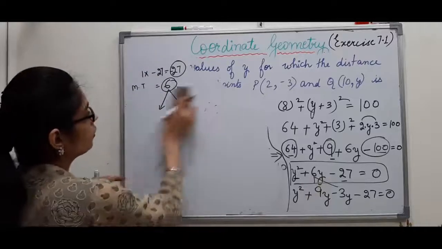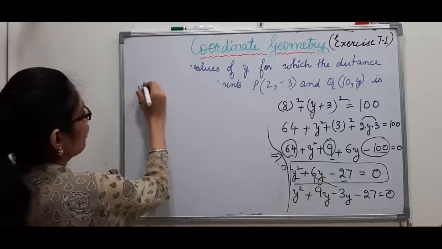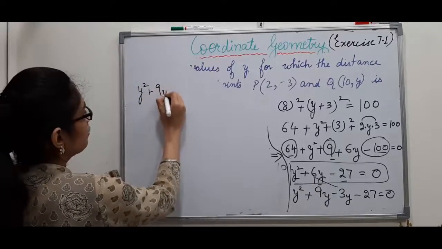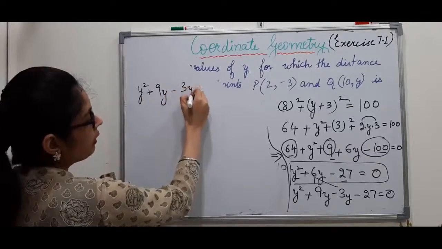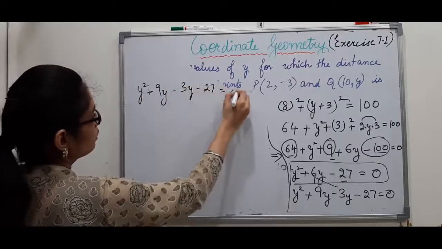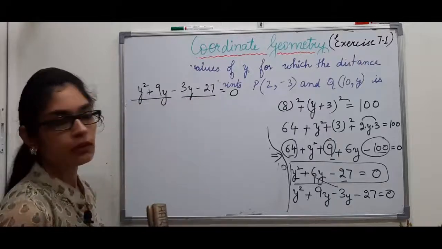So now let's find the values of y. y square plus 9y minus 3y minus 27 is equals to 0. So we'll make this a pair and this a pair.